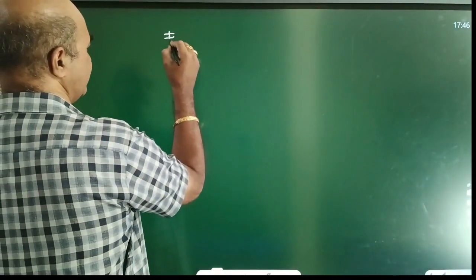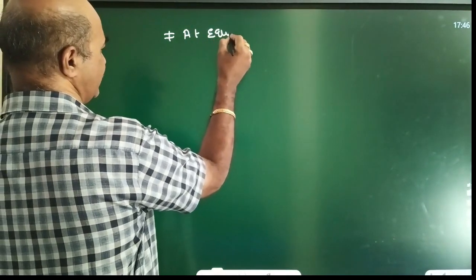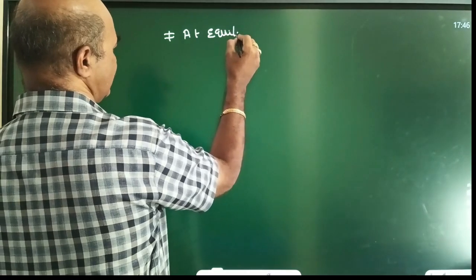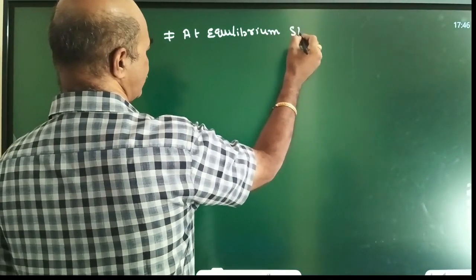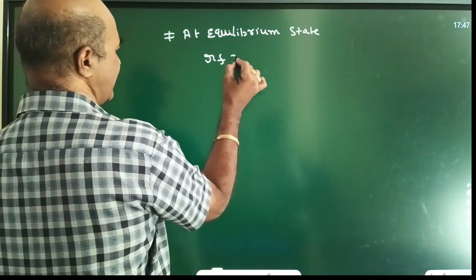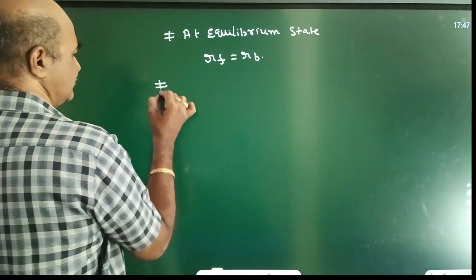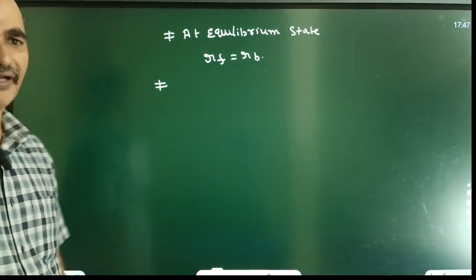First point: at equilibrium, the rate of forward reaction is equal to the rate of backward reaction.